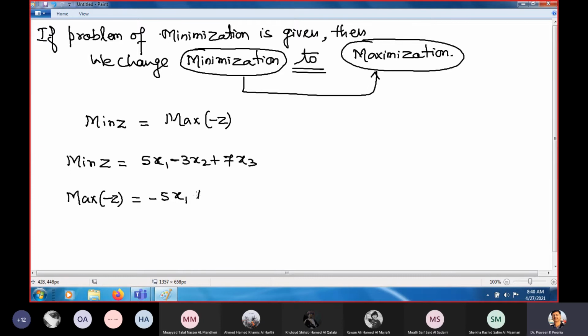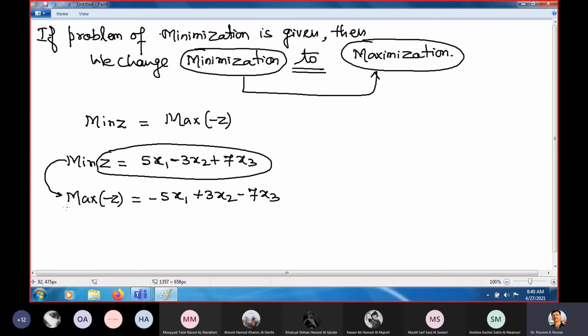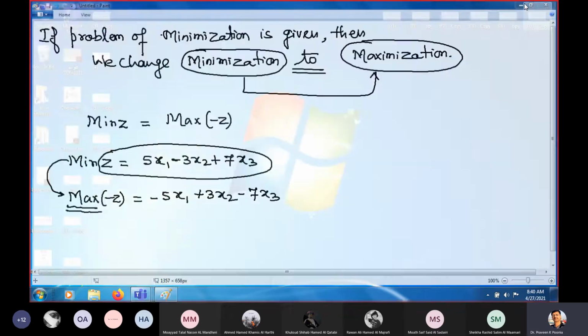This minus will change into plus 3x2. This plus will change into minus 7x3. Because we multiply by negative, and the moment you multiply by negative, minimization changes immediately to maximization. Only this is the difference. Rest of the things are the same.